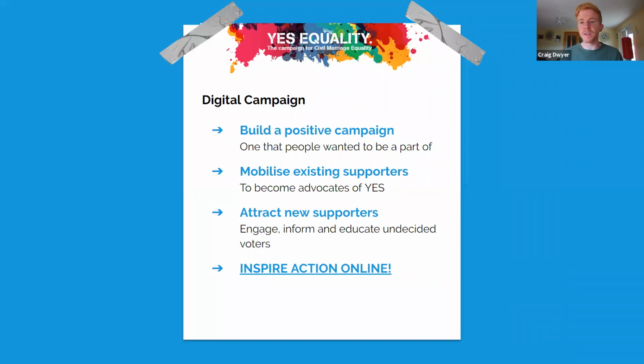During that time, we did a lot of research, which identified that we had a core 20% supporter base. They were voting yes, and no argument was going to change their mind, so we had their support locked in. On the flip side, there was a core 20% no vote. They were voting no, and no argument was going to change their mind.